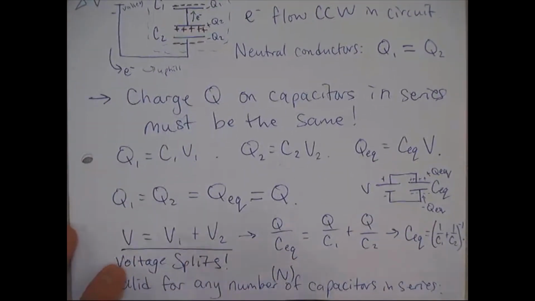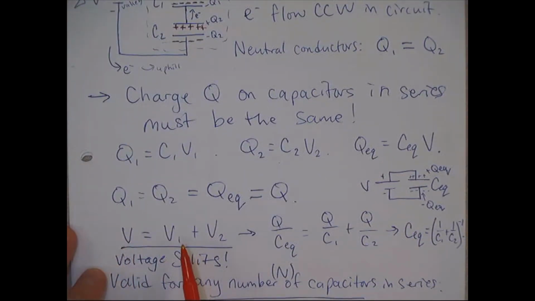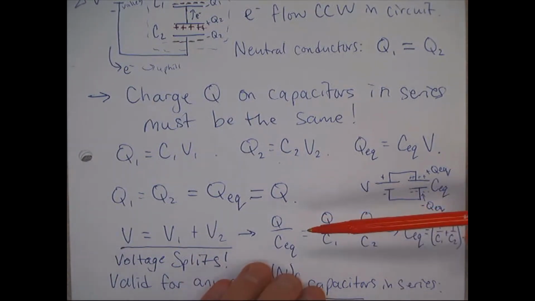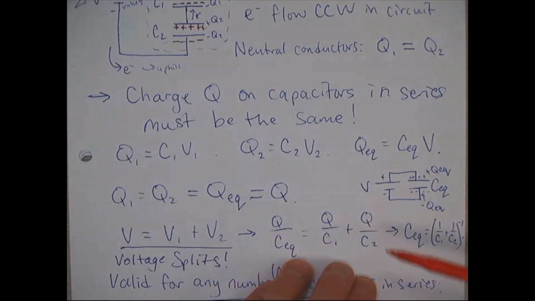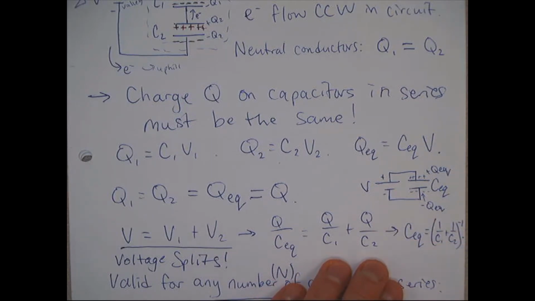So when you make this statement, the battery voltage V is equal to V1 plus V2, we have Q over C in the equivalent circuit must equal Q over C1 plus Q over C2.